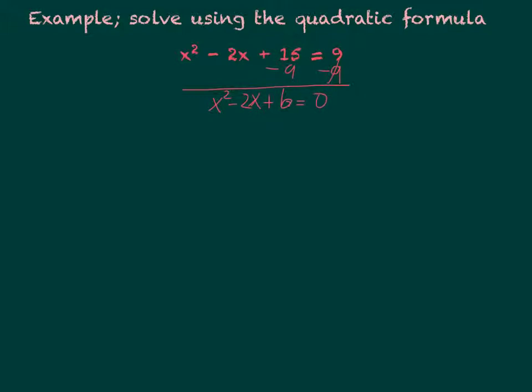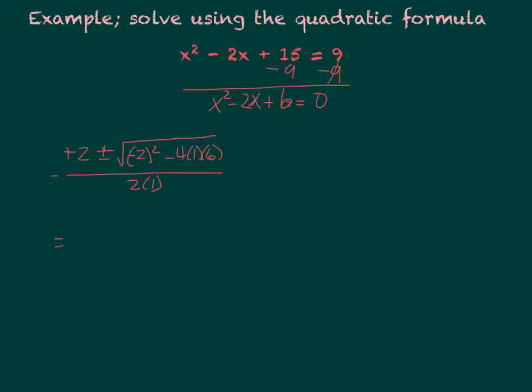So negative b, so negative negative 2, plus or minus the square root of negative 2 squared minus 4 times a times c, divided by 2 times a.